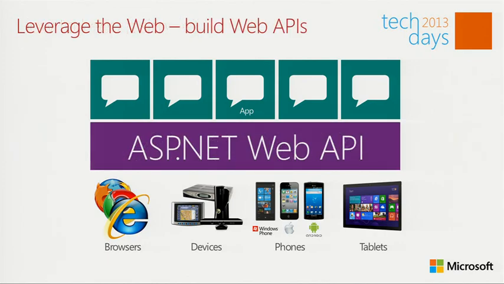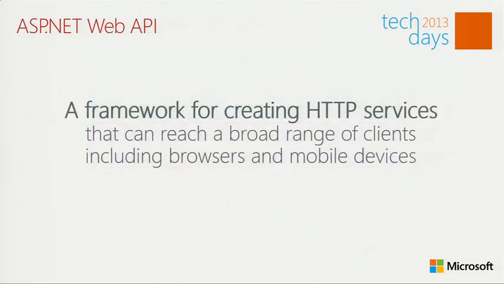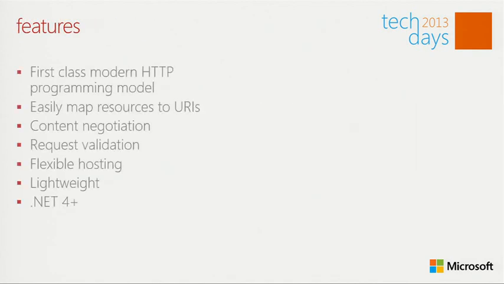So the answer, predictably, is ASP.NET WebAPI, where we provide a really simple framework for you to create HTTP services that can reach a broad range of clients, including browsers and mobile clients. It allows you to do that because it provides the negotiation for the content type. If you request JSON, it gives you back JSON. If you request XML, it gives you back XML, and that's the cornerstone of WebAPI.